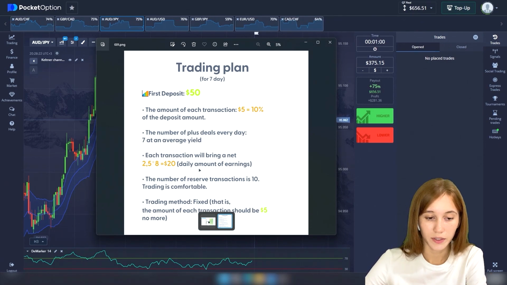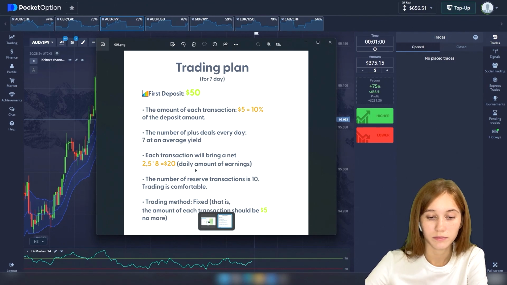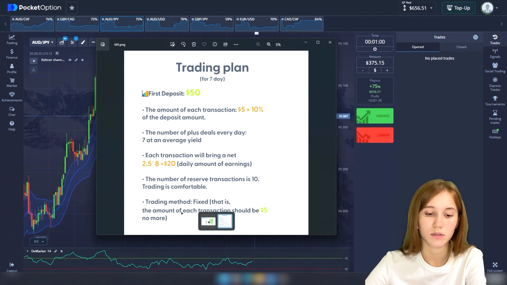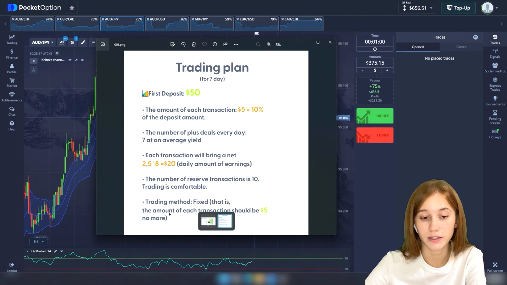So you can use this plan. Each deal brings you about $2.50. It's a very convenient plan, and you also can use it.